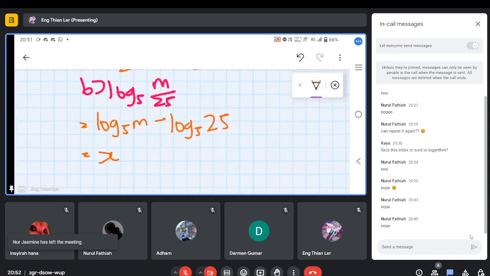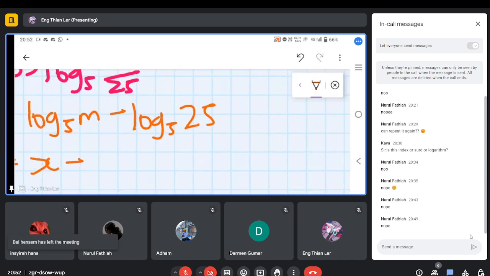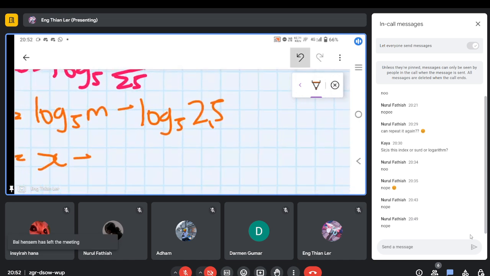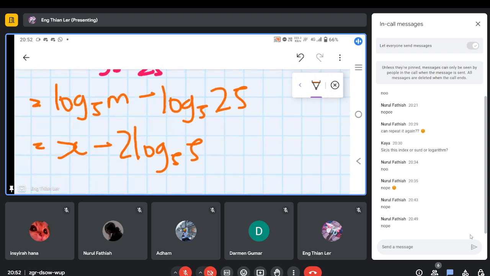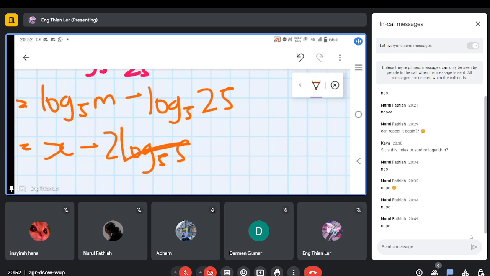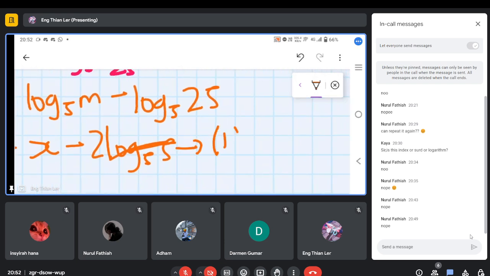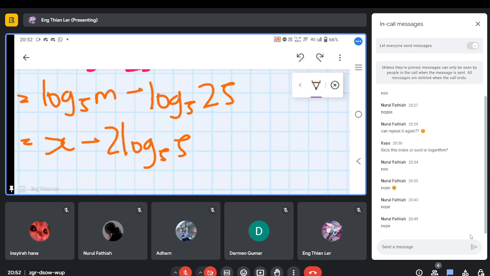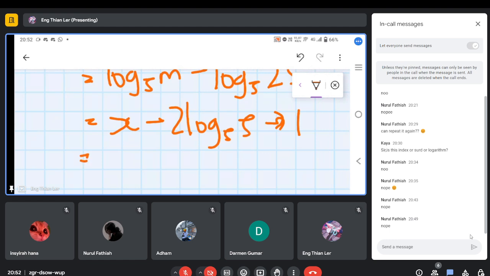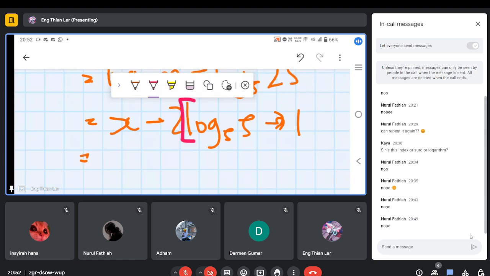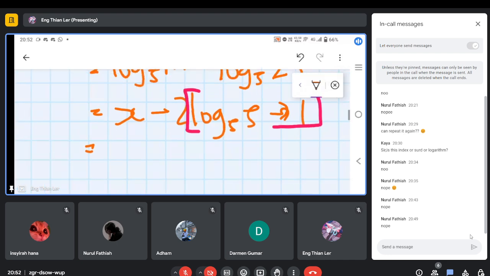So this is x minus, this 25 can be written as 5 squared. So when we bring this to the front, we will get 2 log base 5 of 5, and this becomes 1. So this is equal to x minus 2, and that's it.